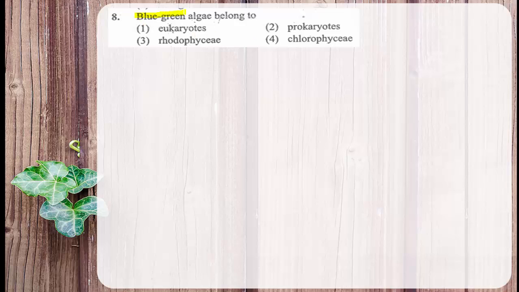See, the term is confusing. Algae is used, but these are not the exact algal members. These are the cyanobacterial members and all the members of kingdom Monera. Cyanobacteria is also belonging to kingdom Monera. So the right answer for this question is all of them are prokaryotes.